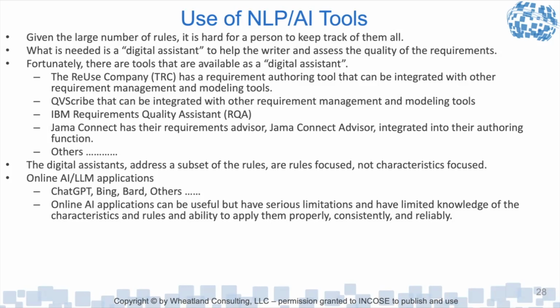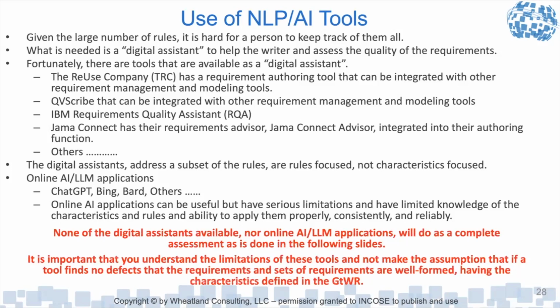These applications do a fairly good job of identifying some of the defects, but not all. When you ask them to rewrite the requirement to not contain those defects, they're not able to do so. They'll give you another rewrite that doesn't have those specific defects, but it'll have others. So their usefulness is somewhat helpful, but limited.